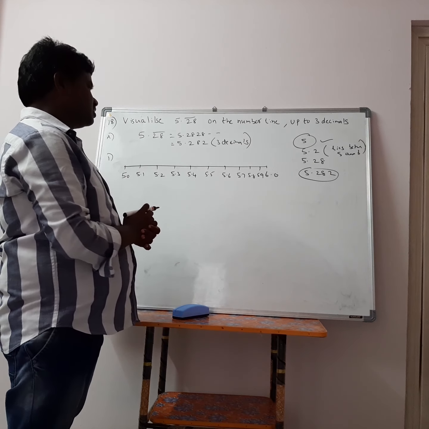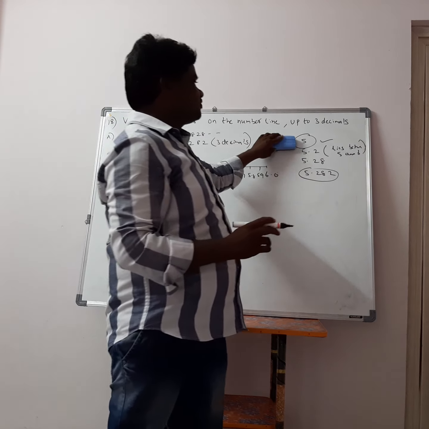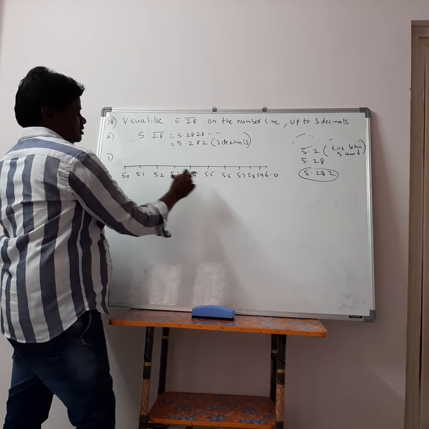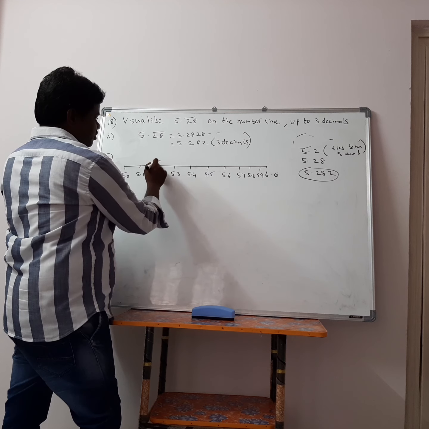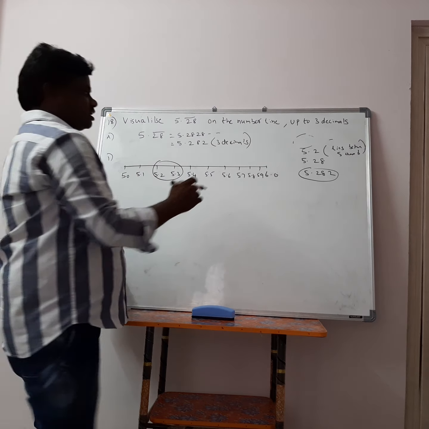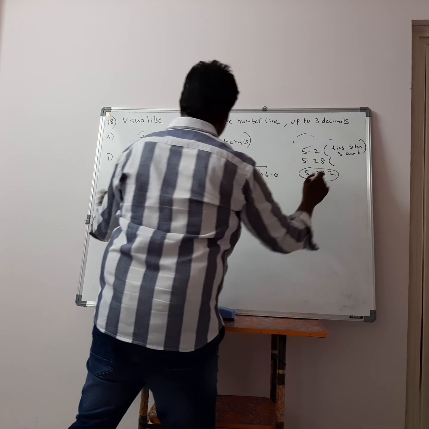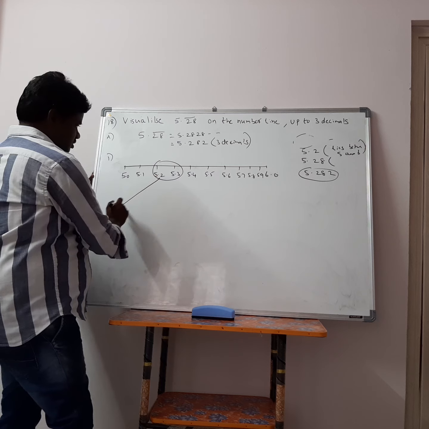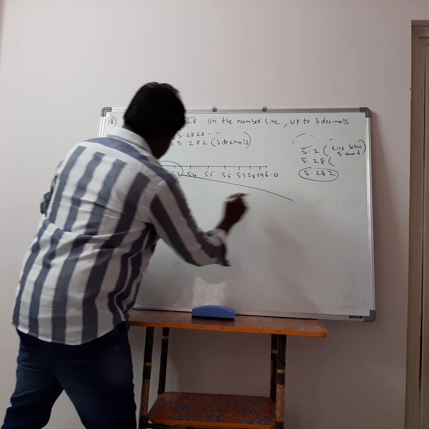After that, 5 is complete, 5.2 is completed. Where is 5.2? This is 5.2. Now 5.2 and 5.3 have to be located, because 5.28 lies between 5.2 and 5.3.